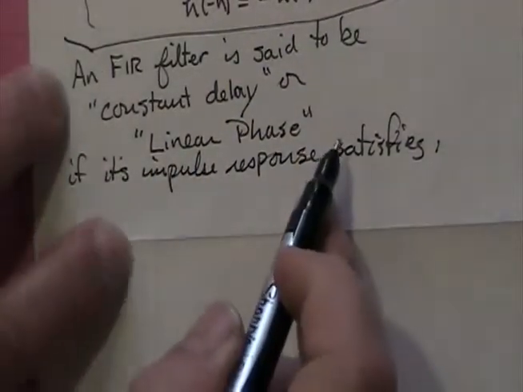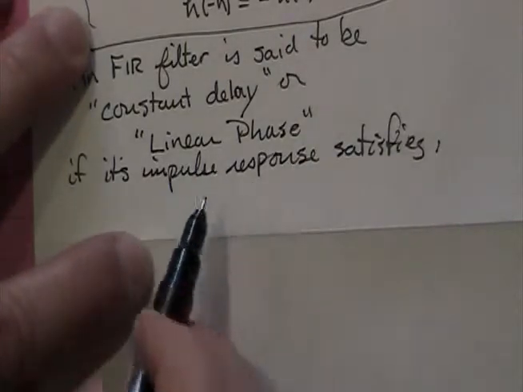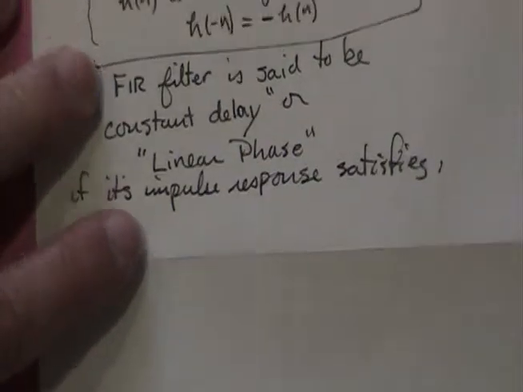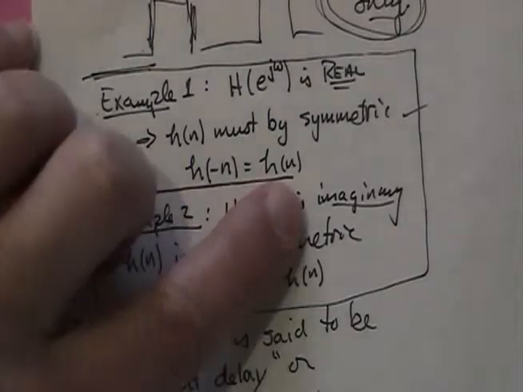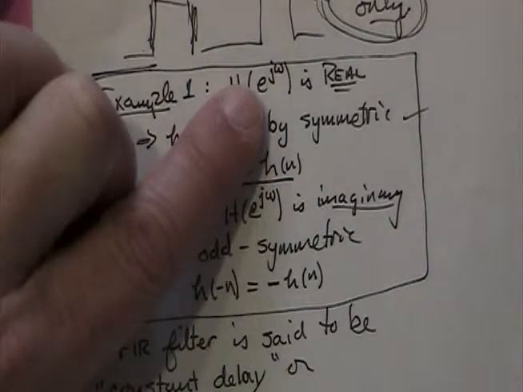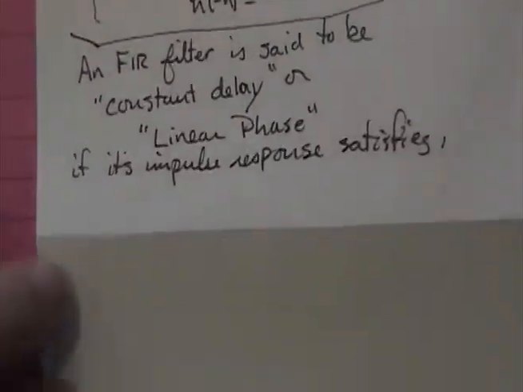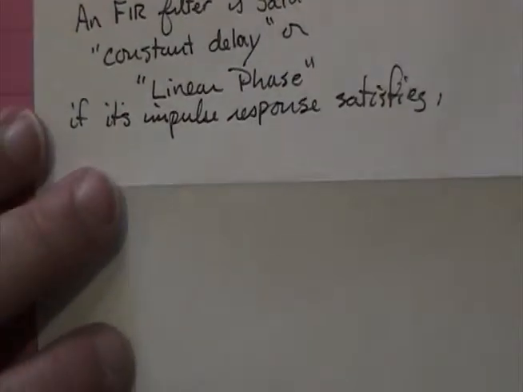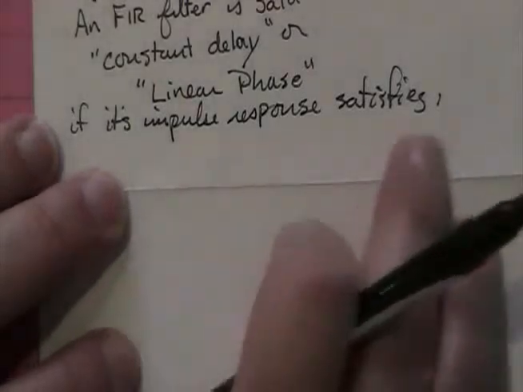Okay, so my first case is where we said I had a symmetric impulse response around some point. Here it's around the origin, so I had a zero delay, but it doesn't matter if I delay the filter response out a little bit, I still have a constant delay filter.